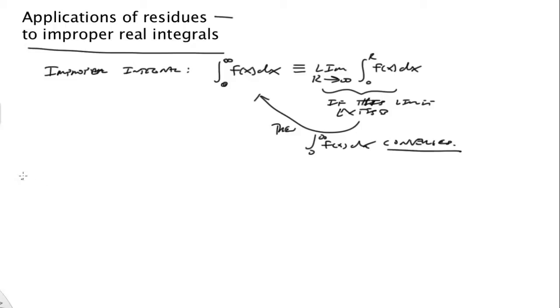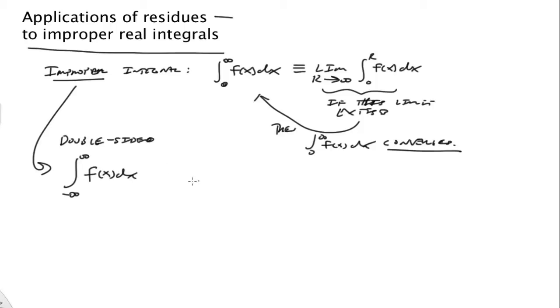And then there's also a different type of improper integral, and that is the double-sided. Okay, a double-sided improper integral of a real variable. And what we have to do is basically a double limit.